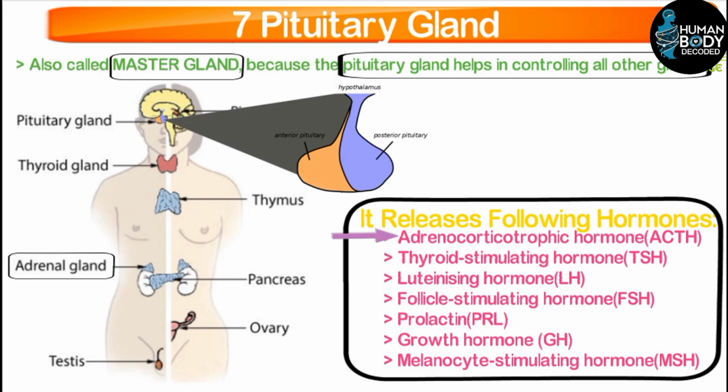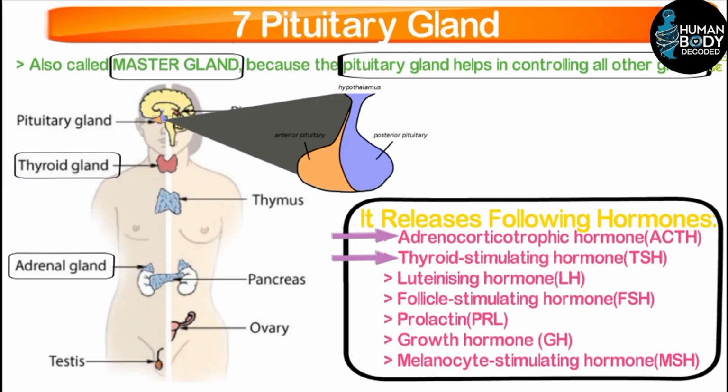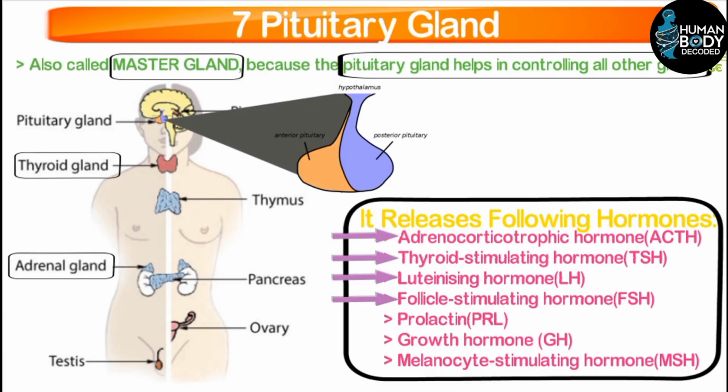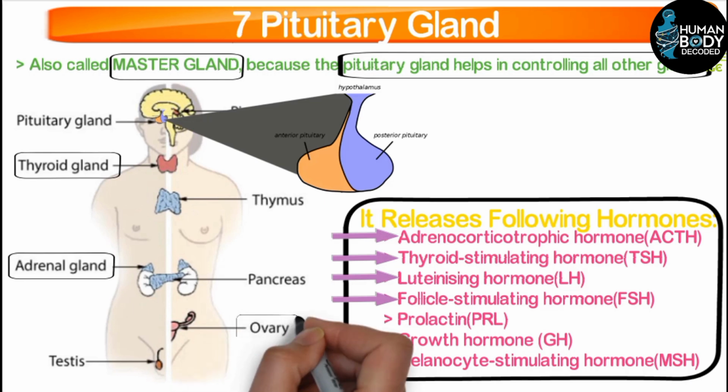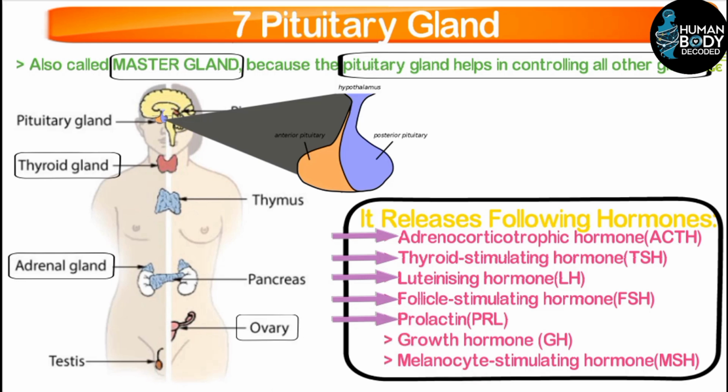The second one is TSH, thyroid stimulating hormone. This hormone stimulates the thyroid gland. The third one is the luteinizing hormone. Another one is FSH, follicle stimulating hormone. It stimulates follicles. Another one is growth hormone, which controls growth.